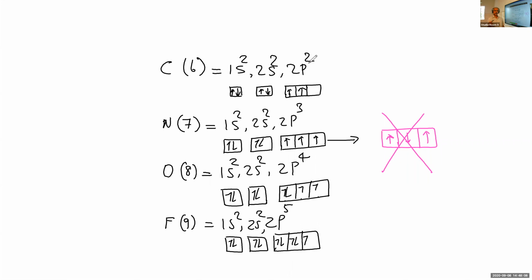So in a subshell, in the P, D, F subshells, electron pairing occurs only after the available orbitals are singly occupied. Singly occupied means each orbital is half filled.